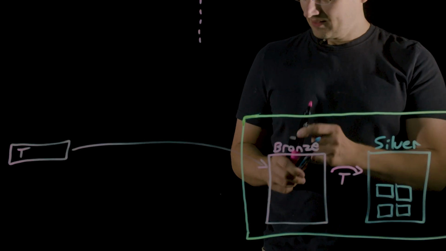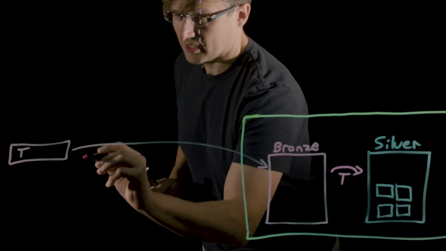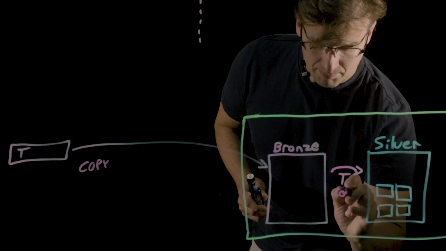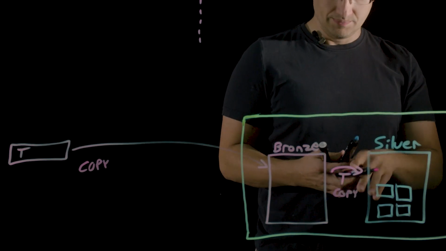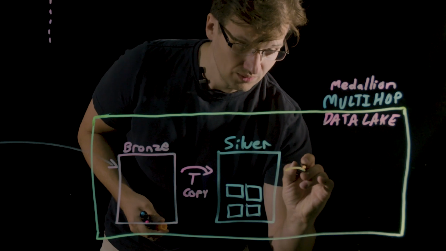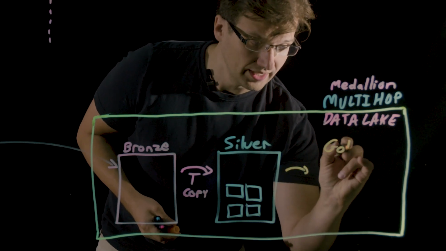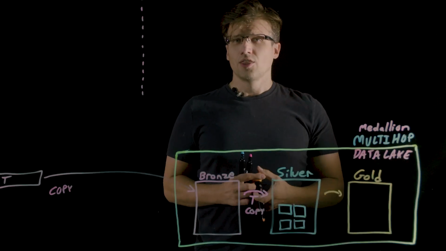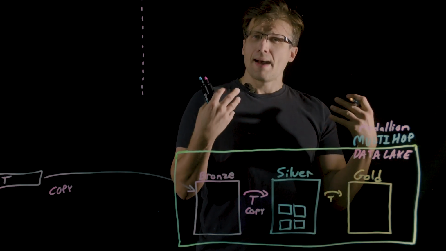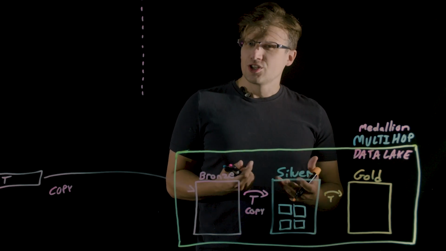Now this is the first hop in the multi-hop architecture, where we create a copy of data. This is the second hop between bronze and silver. And then we're going to move on to the third hop here, which is the gold layer. The gold layer is where we deliver these business level and application aligned data sets.